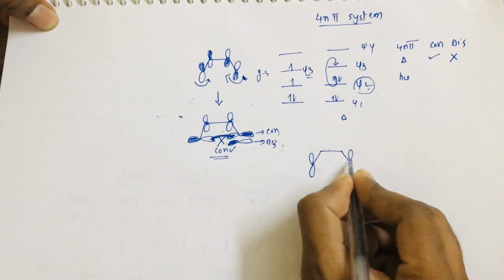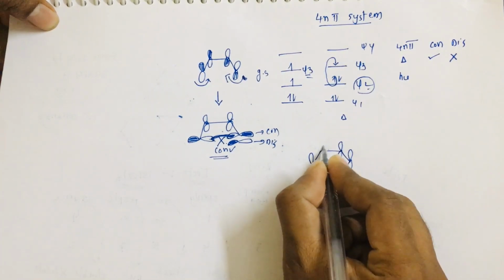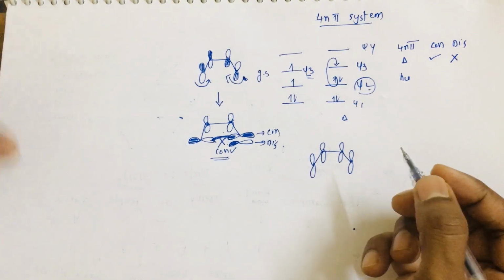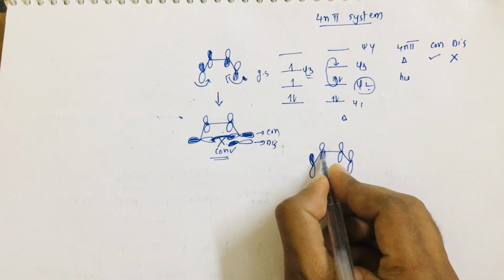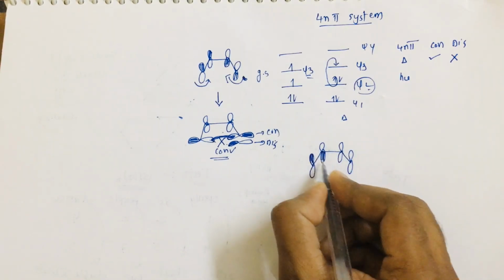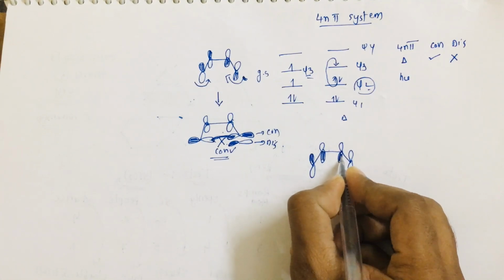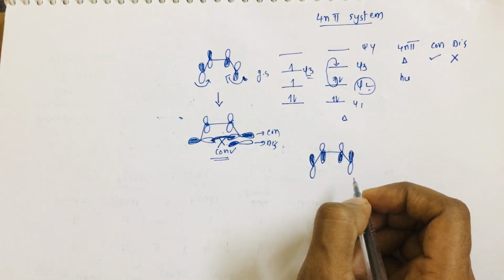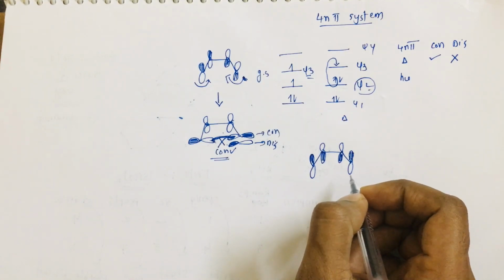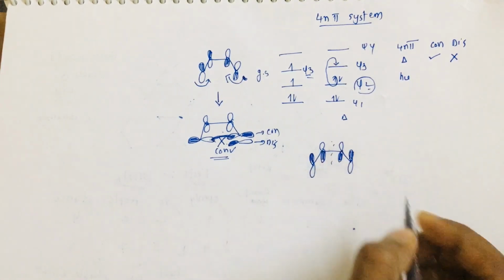There should be two nodal planes and two planes of symmetry. So one is up, one is down. Here one nodal plane is there, and this is down, no nodal plane, and this is up. So this is for Psi3, and here we can say plane of symmetry.